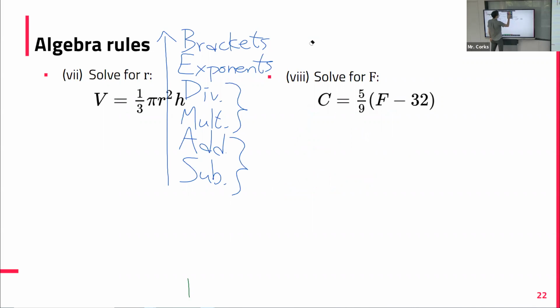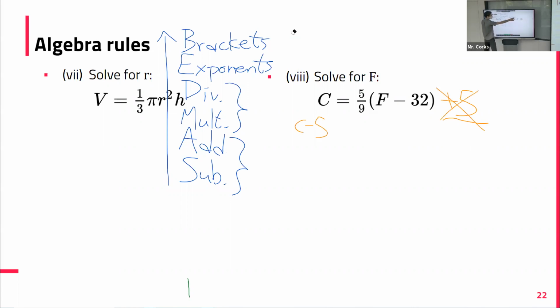Let's say we had something like this with a +5 on the outside here. If we're working backward, then this +5 is the furthest thing away from the F. That's the easiest thing to move. So we would do, okay, C -5. And then that would be gone.